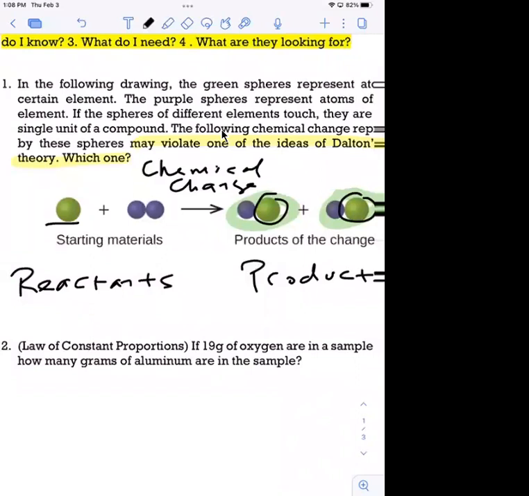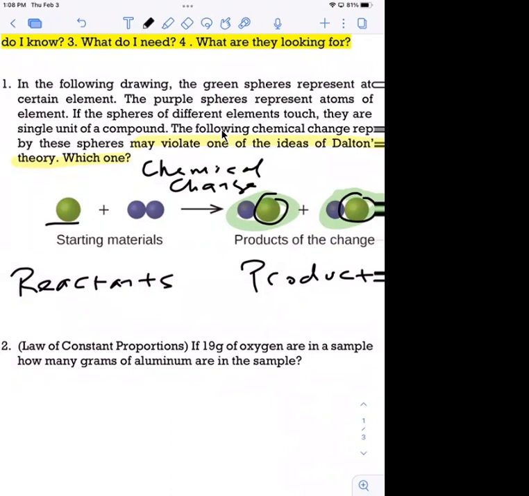What did we do going from reactants to products? It divided. It either divided or we created something new, right? And in a chemical change, new atoms don't get created. They just rearrange. So can you divide an atom?